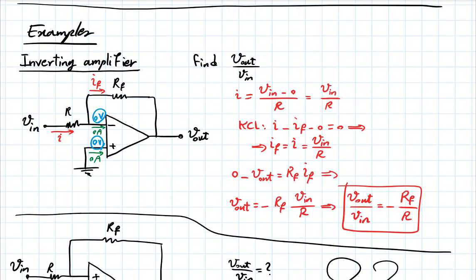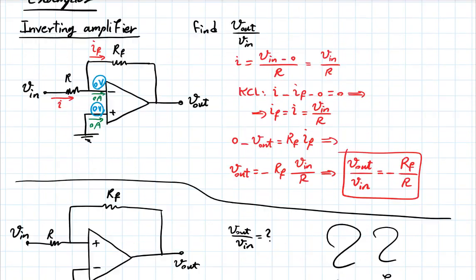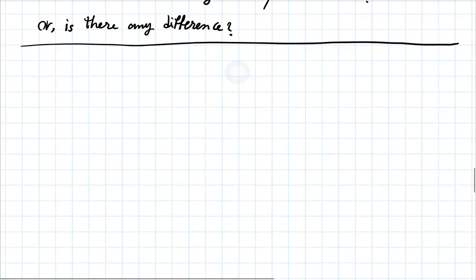Okay, so we saw the inverting amplifier. Now I'd like to show a non-inverting amplifier, something that will give you a gain, a positive gain, determined by resistors connected to the op-amp.